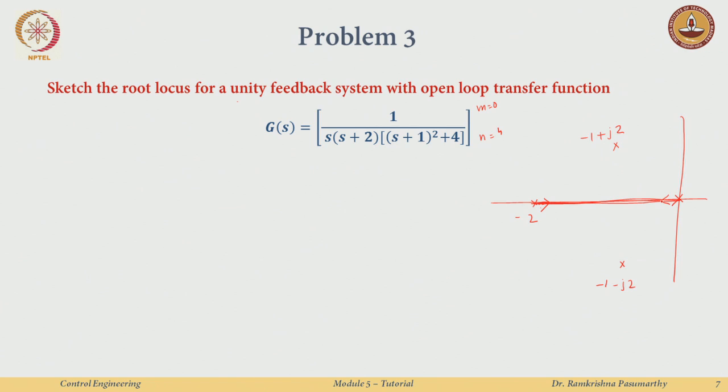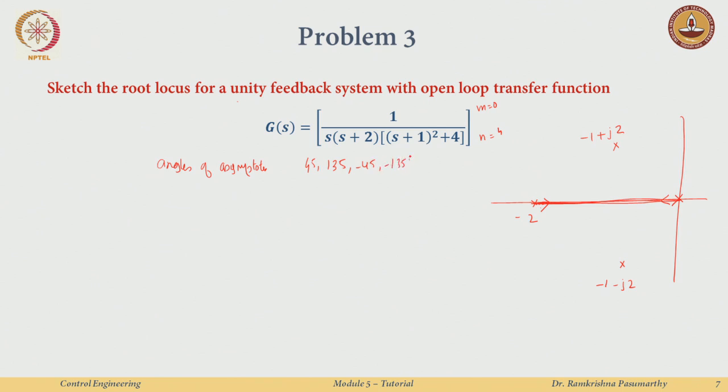Then you have to compute the angles of asymptotes, again 4 of them. So, you will have 180 by 4, that is 45, and then you keep adding 90, and you have 135, and you have minus 45 and minus 135.